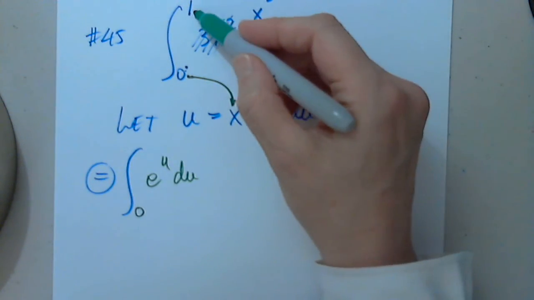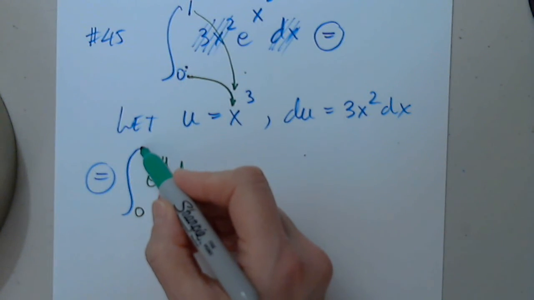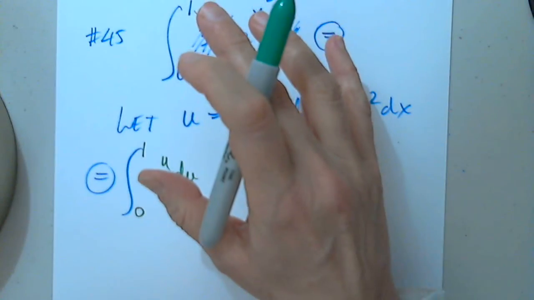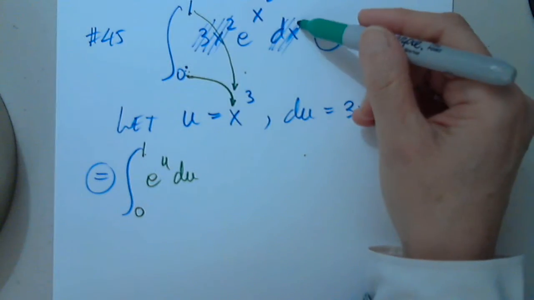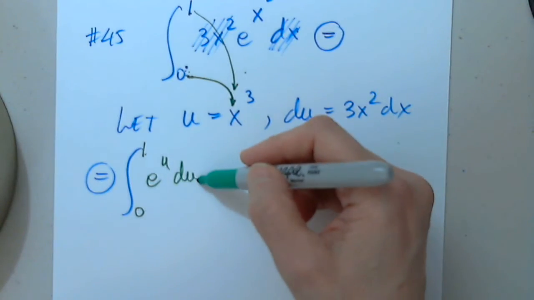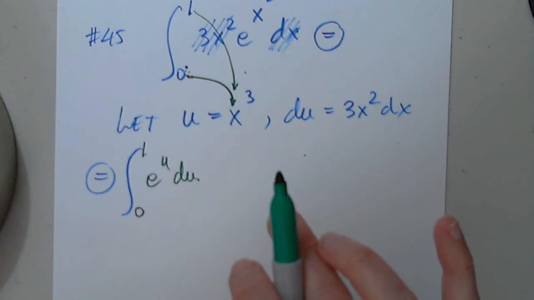Perfect. When x is 1, how much is u? 1. By chance, it happened that the limits for x are the same for u. It's very unlikely that that will ever happen.